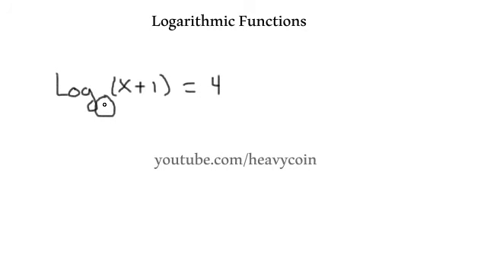Well, it turns out there's a 10. We just don't write it. If this is blank, there's assumed to be a 10 here. That means we would write this as x plus 1 is equal to 10 to the fourth power. On most calculators, the log button is log base 10. If you're trying to work something that has log base 3, we'll have to know the properties of logarithms in order to do that. There's a way to rewrite this using the properties of logarithms, and I believe that's what I get into in the next section.